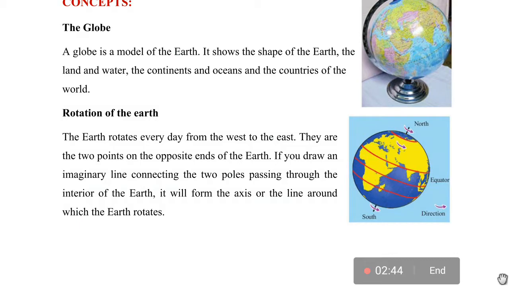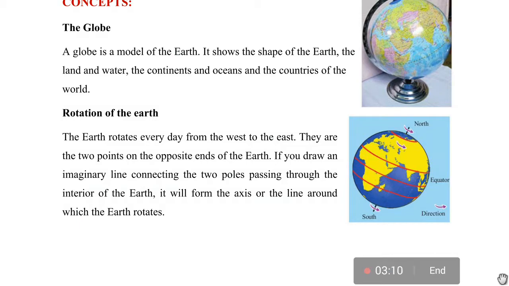The poles are two points on the opposite ends of the earth. If you draw an imaginary line connecting the two poles passing through the interior of the earth, it will form the axis, a line around which the earth rotates.